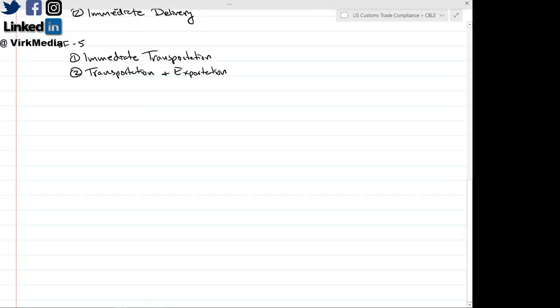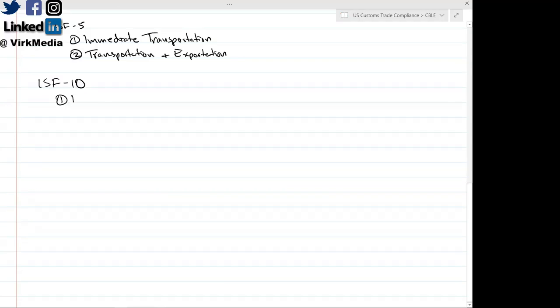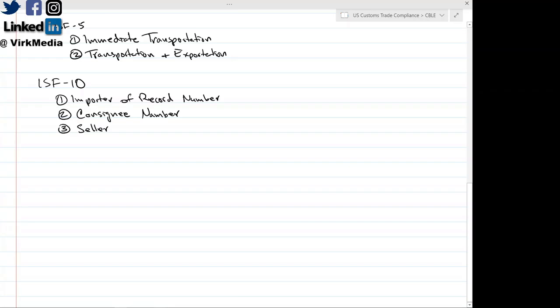So what are the 10 and the 5 elements that are part of ISF 10 and ISF 5? Let's go through each one. The first one is importer of record number. The second one is consignee number. The third one is the seller name and address.